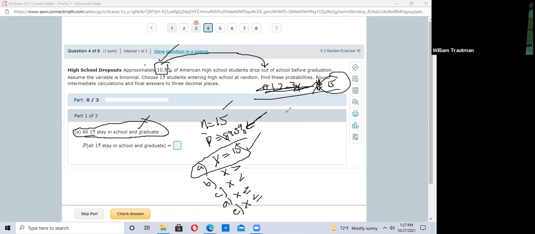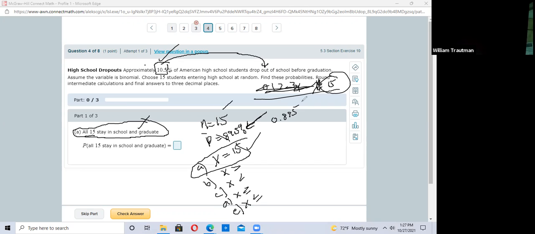So we hit menu, 5, 5, and then A, because anytime you have equals, you have to use the A. The number of trials is 15. The probability of success is 0.895. 89.5 is 0.895 in decimal form. And then X value is all 15.